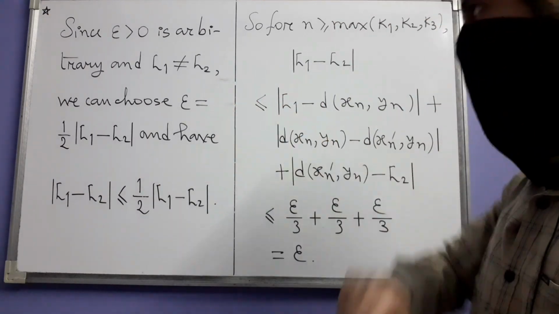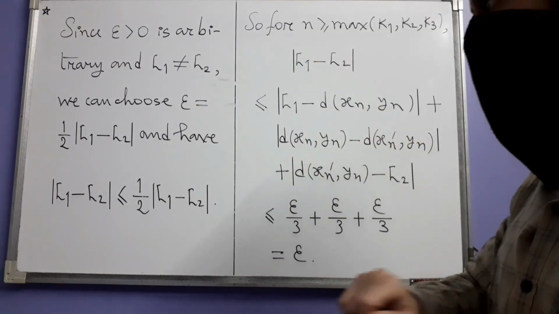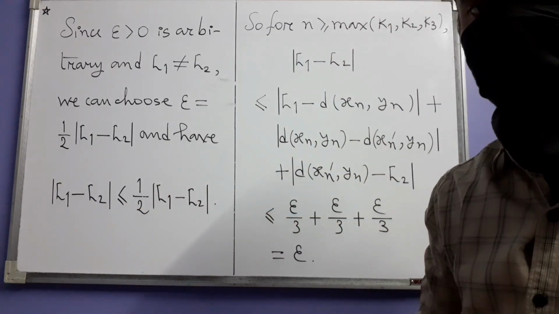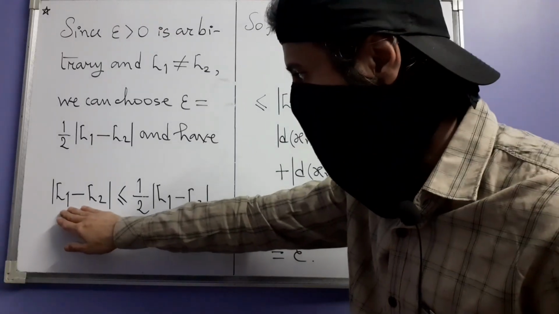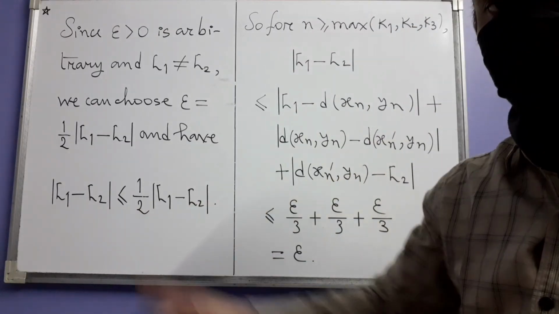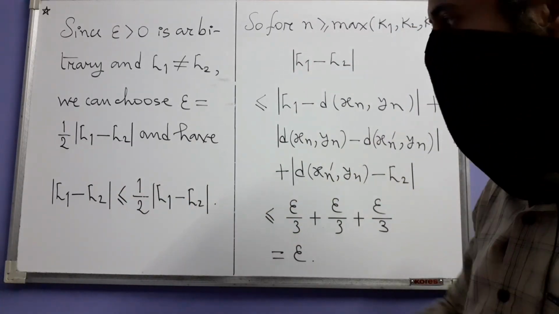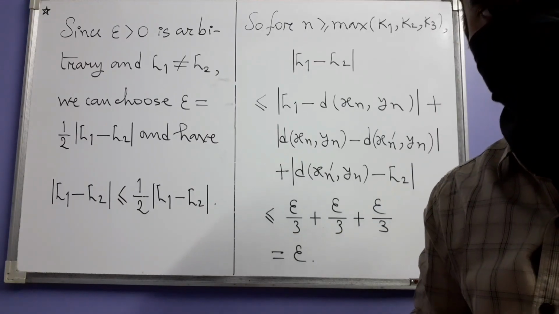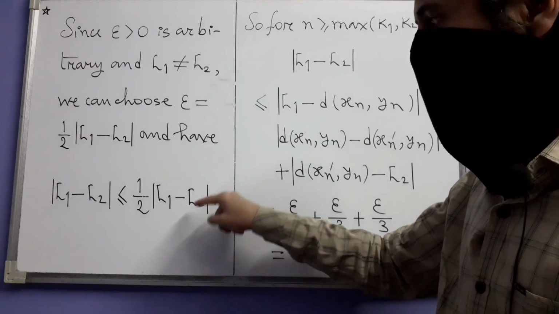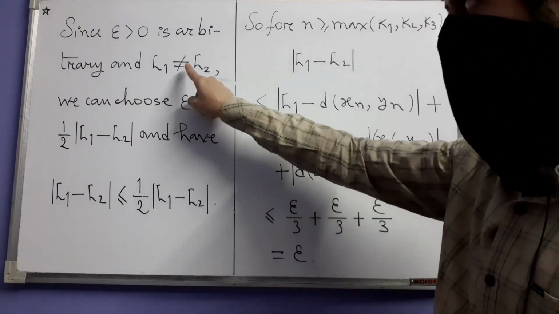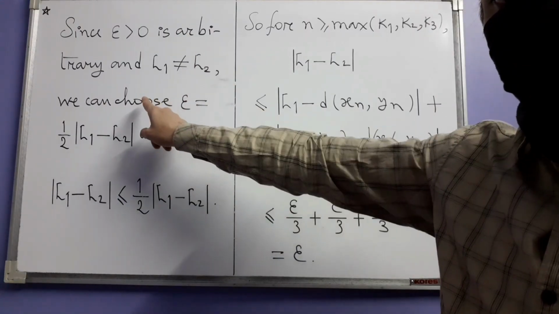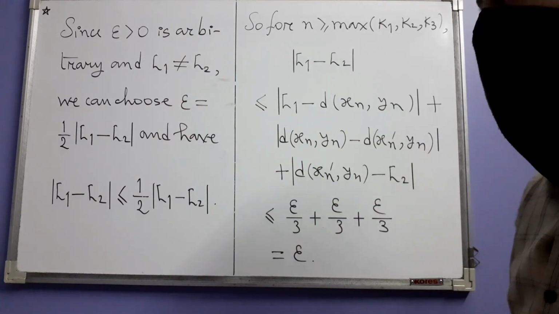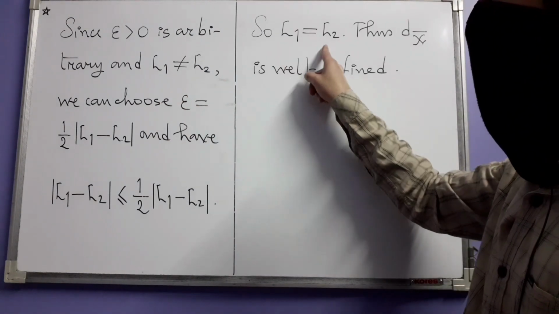And for this epsilon also, this should be true. That means this should be less than or equal to 1/2 of itself, which however is false, because this is a positive real number. You can cancel it from both sides, obtaining the wrong inequality 1 is less than or equal to 1 over 2. And this absurdity stems from our supposition, which must thus be false. So L1 has to be equal to L2.